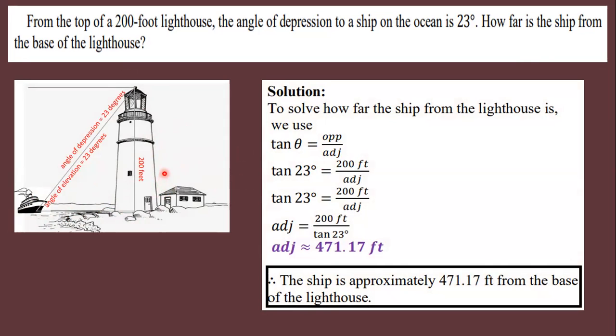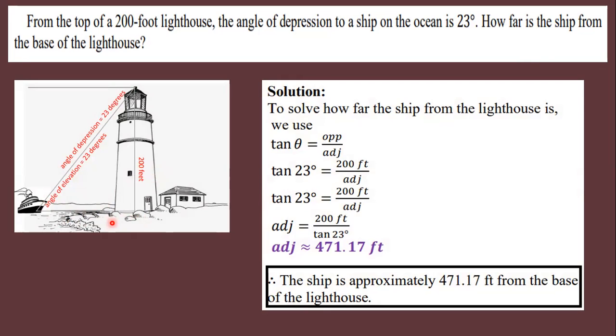And if you're wondering, sir, why are we solving for the adjacent side? It's all because we have a given angle and the opposite side here, and we solve for the adjacent because that is how we answer how far the ship is from the base of the lighthouse.